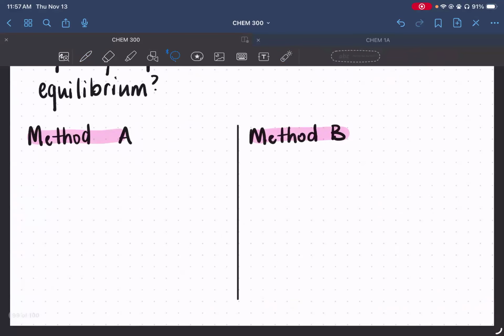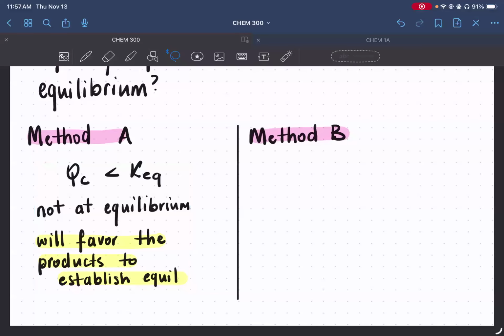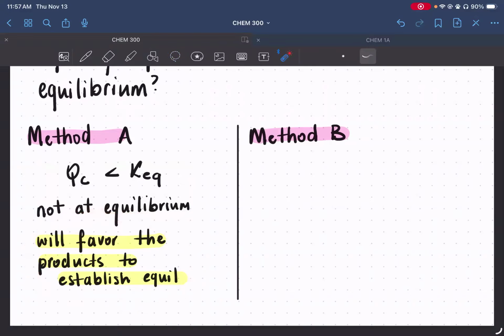So, of course, you could just memorize the rule. In this case, when Qc is not at Keq, it is not at equilibrium. We've already established that, but it will favor the products to establish equilibrium. That means that to get to equilibrium, the products need to win such that they're at an equal strength, an equal speed. The other way we say this is that it will shift right.